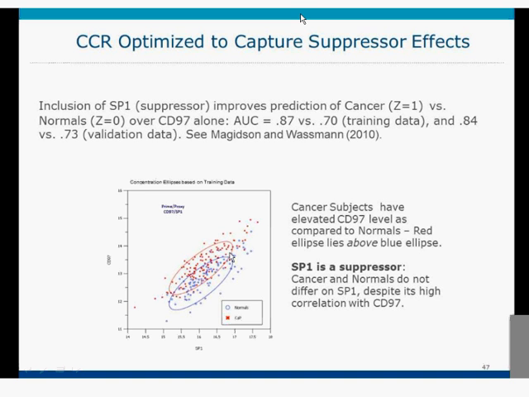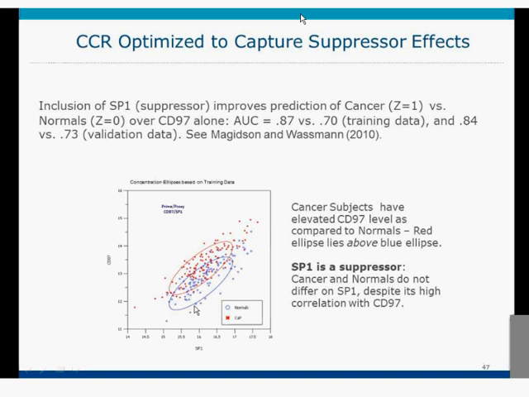You're now classifying correctly more cases that are cancer that are above and to the left of the line, and normal cases are largely below and to the right of the line.